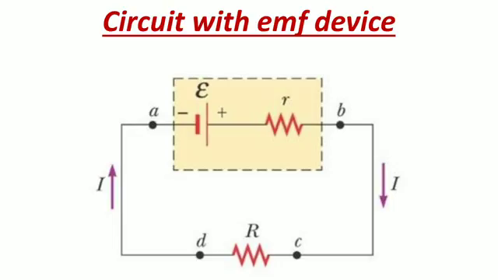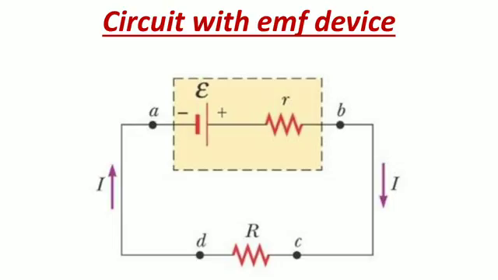As you can see, this yellow highlighted part is nothing but the cell or the EMF device, as you have seen the internal structure of the cell. You can see the negative and the positive terminal. B is the positive terminal and A is referred to as the negative terminal. The positive terminal is at a higher electrical potential than the negative terminal.